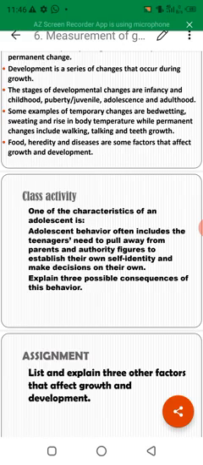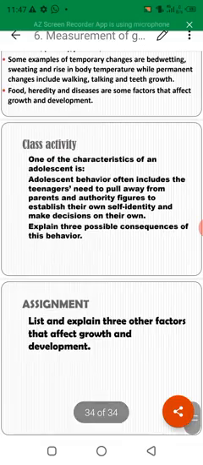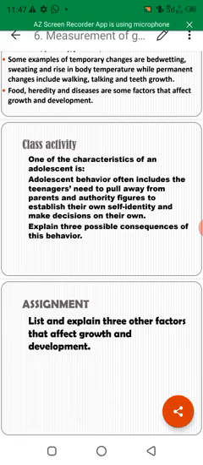Do you understand it now? Let me take it again. Adolescent behavior often includes the teenager's need to pull away from parents and authority figures to establish their own self-identity and make decisions on their own. Now the question is, explain 3 possible consequences of this behavior.